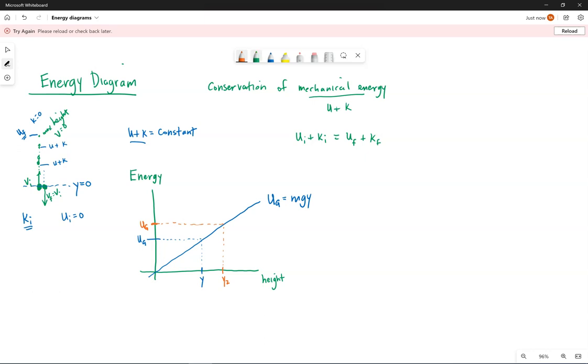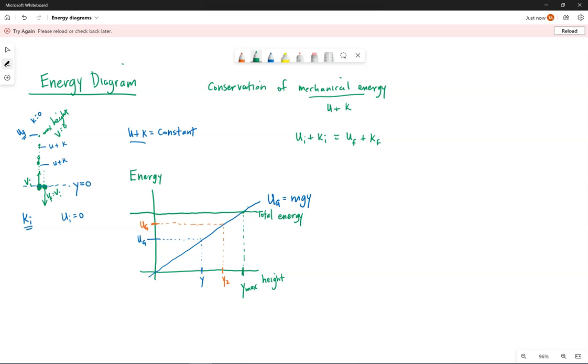Now, eventually, we would have a maximum height value right here, where this intersects the line that represents the total energy in the system.